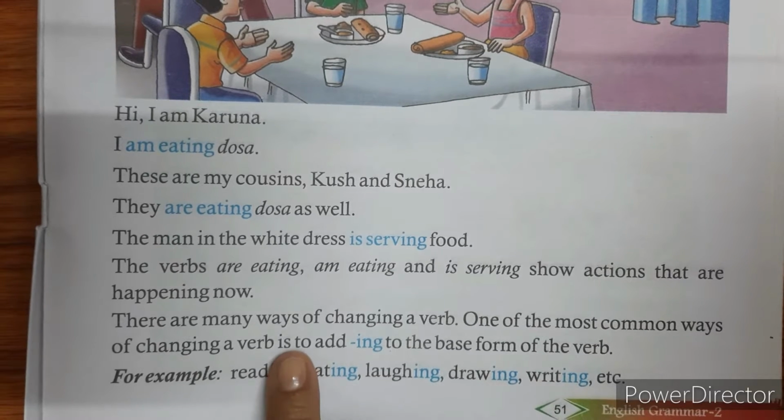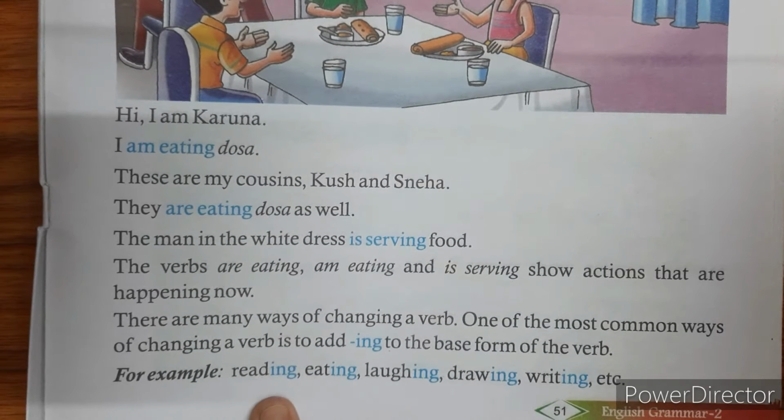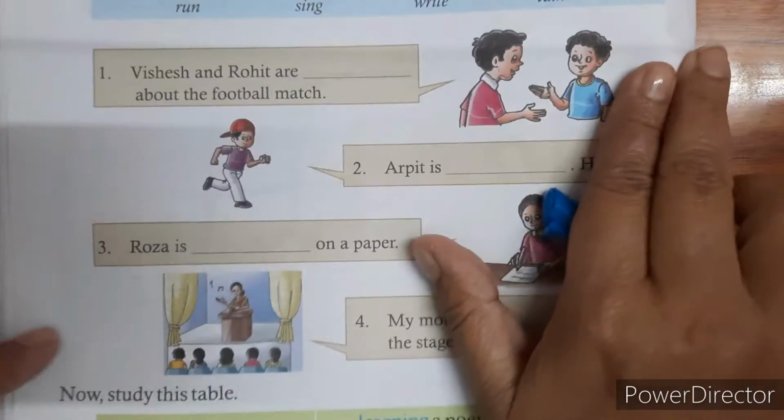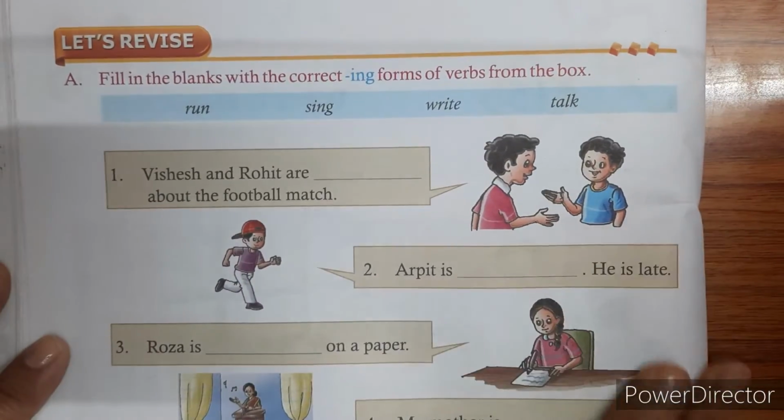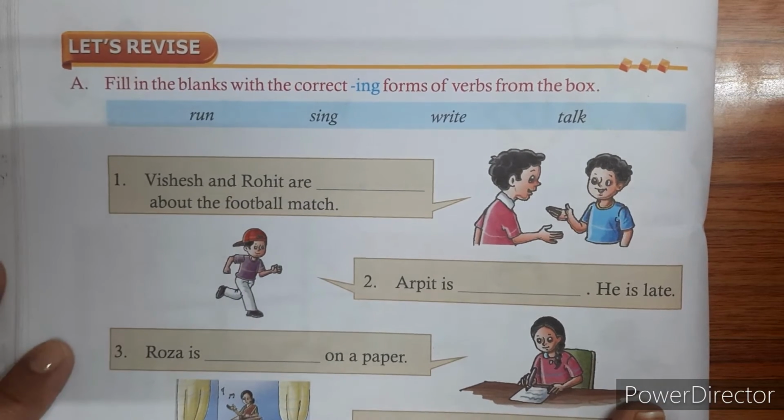So students, if you look at the verb read and we want to show the action is happening as we are speaking of it right now in the present moment, we will add ing to it. Now students, turn to page number 52. Let's revise. Fill in the blanks with the correct ing forms of verbs from the box.